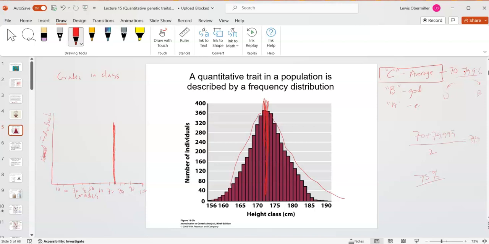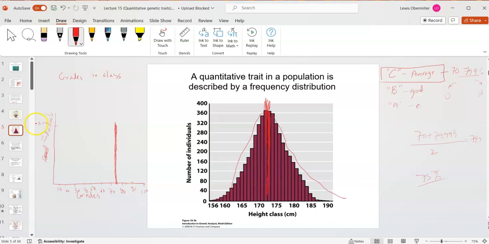Now, let's say that this is 40, 30, 20, 10, and 0 on both axes. So we'd expect, let's say, a class of 100, we would expect the majority of people to get 75. There's going to be some people that get higher, but then this number is going to dip down as we go higher and higher.